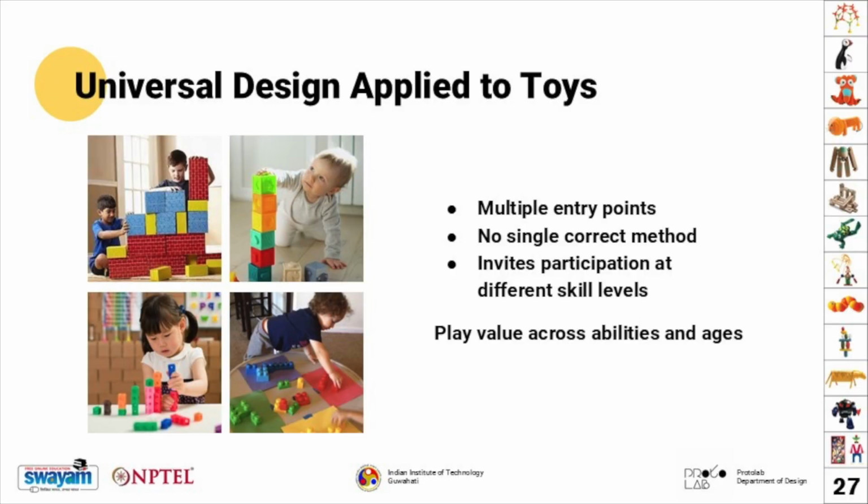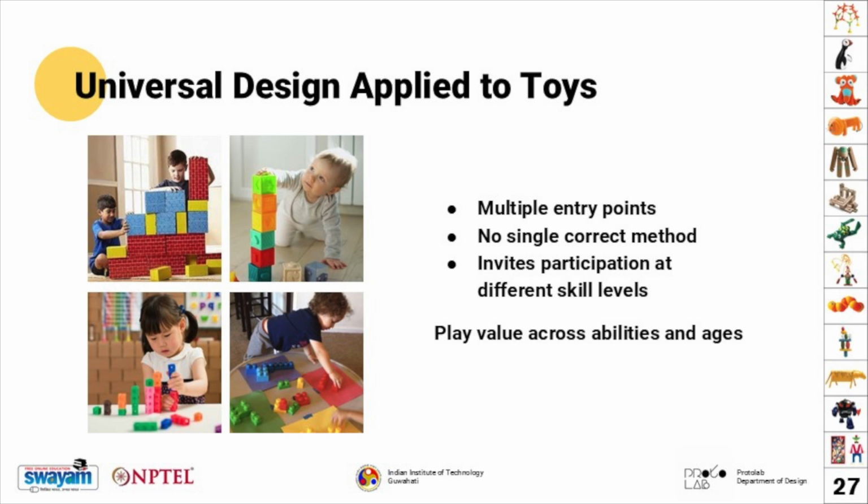When we say a toy is inclusive, we often think about who can use it. But universal design asks a slightly different question. How many ways can someone enter the play? Universally playable toy does not begin with instructions.